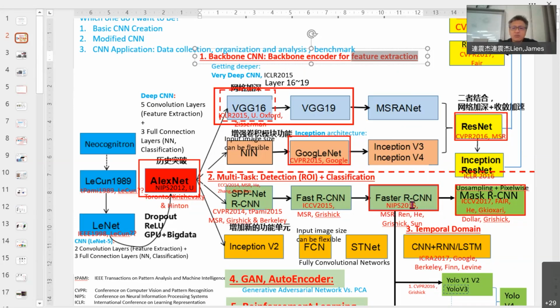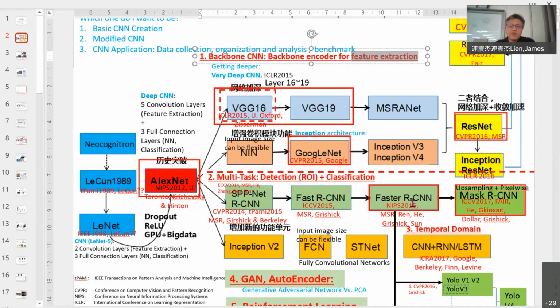R is region. What's the region? Region means you detect the ROI, the region of interest. So it's region convolutional neural network, RCNN. R is region. And this is different from RNN. RNN is recurrent, about the temporal domain along time. So that's a difference. And here we talk about the RCNN.